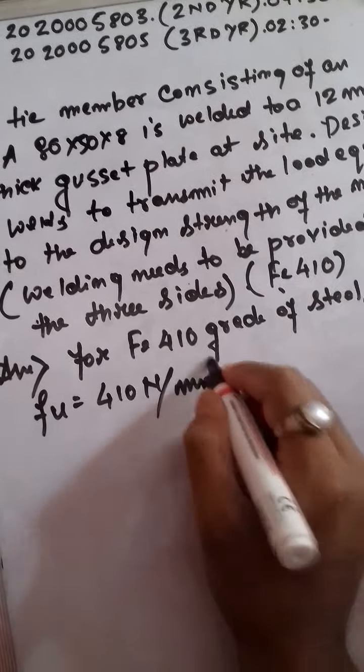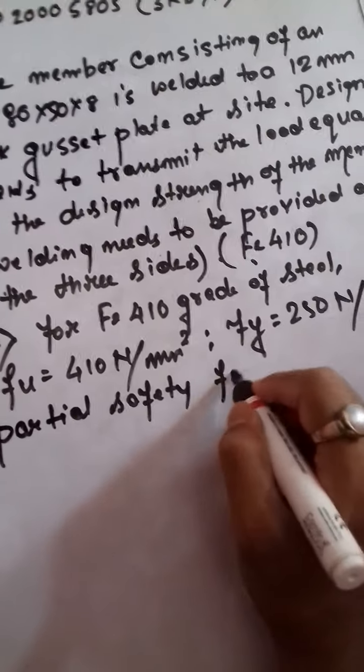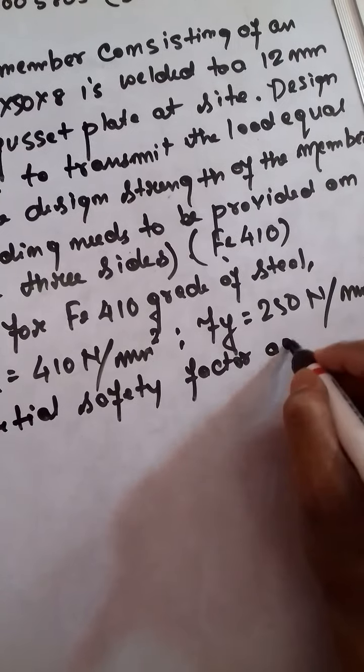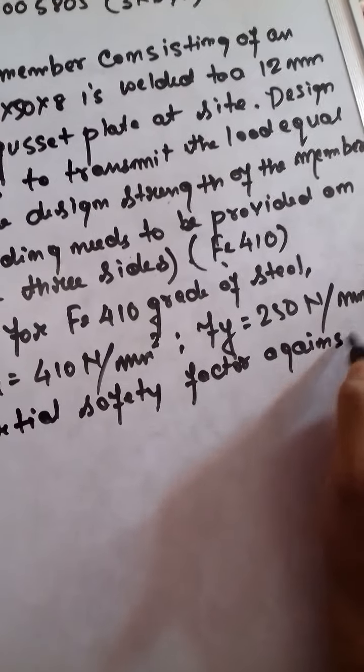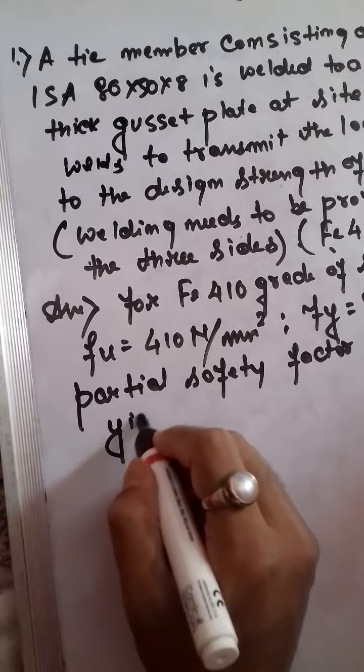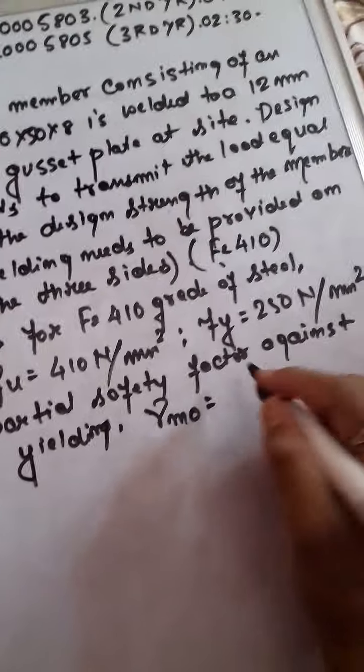Now, partial safety factor against yielding, that is gamma m naught, is equal to 1.1.